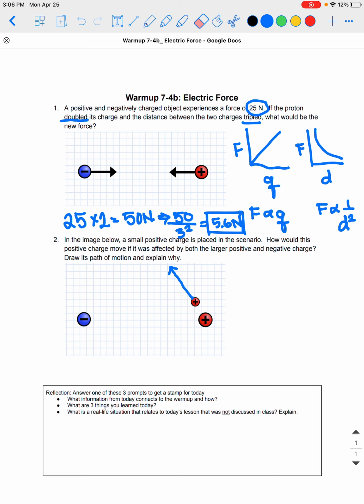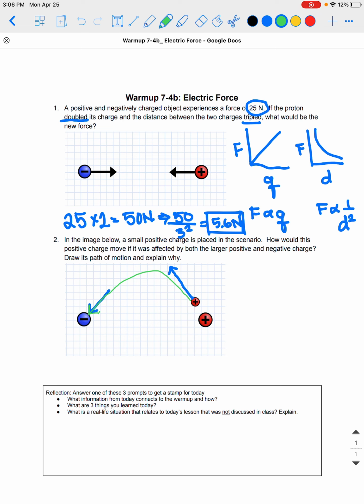So as it moves upward, it is then going to feel this attraction toward this negative charge. So by understanding the path, and I'm going to use a different color here, the path of this positive charge, it's going to go up away from the positive and down into the negative. It's going to create this curve.